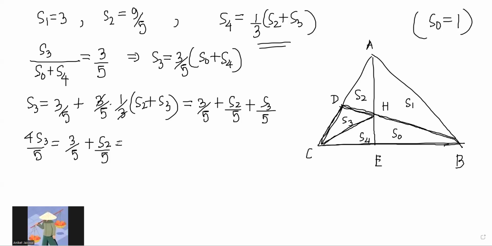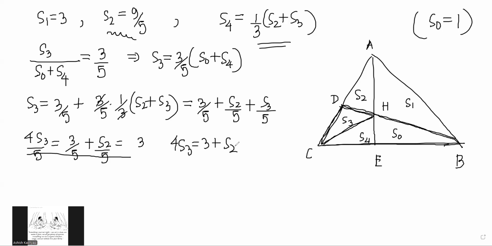So you're getting S3 basically now because S2 is already gotten. You can cancel all the 5s. So you're getting 4 S3 is equal to 3 plus S2, right? So 3 plus 9 by 5, that will be 15 plus 9, 24 by 5.